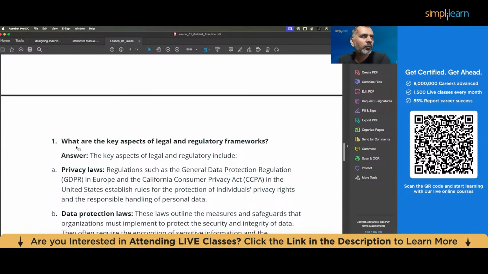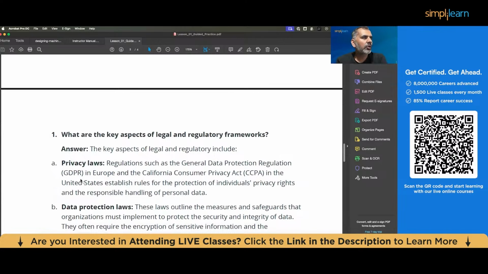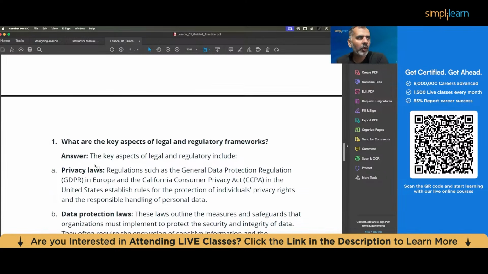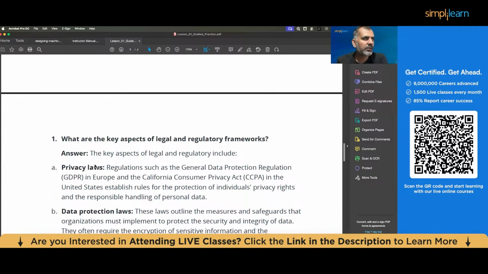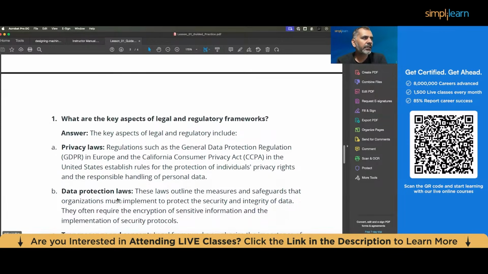Now, what are the key aspects of legal and regulatory frameworks introduced here? One is the privacy law, because we are talking about sensitive information that is definitely being protected here. Then the data protection law, which talks about data security, how you should store the data and how you should transfer the data.